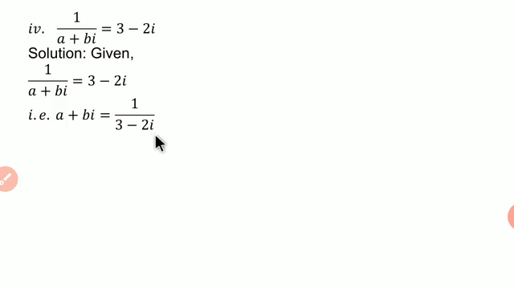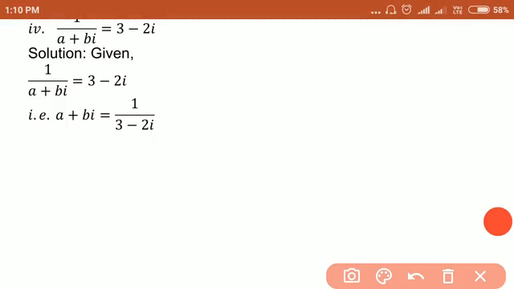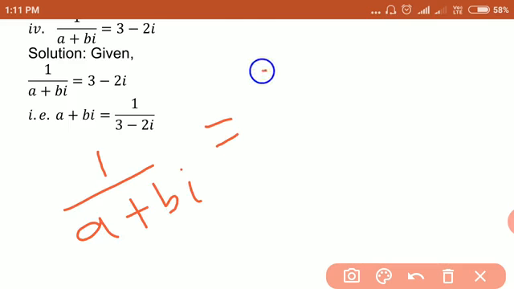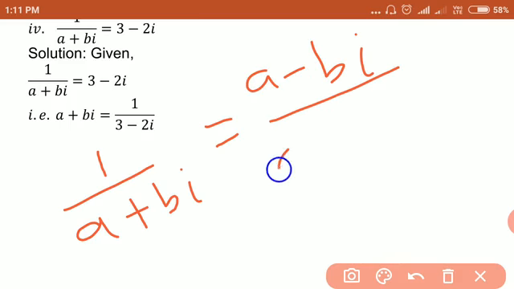Now we know one property of division, that 1 upon a plus bi is equal to a minus bi divided by a square plus b square.